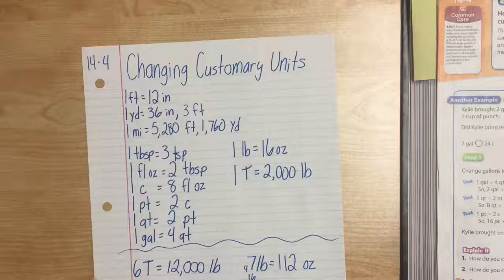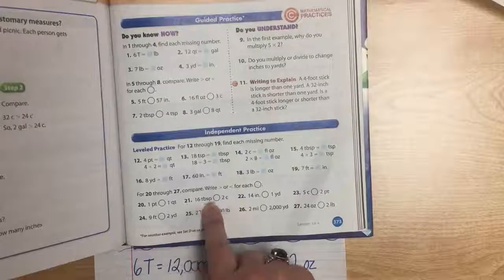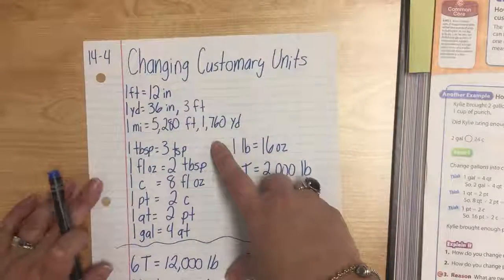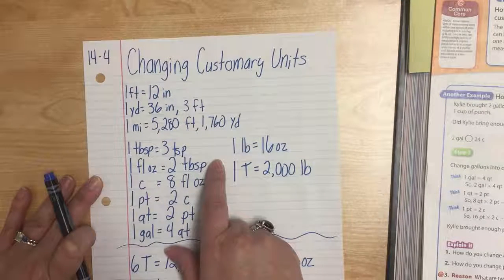Sometimes you'll have to divide, sometimes you'll have to multiply. Sometimes you're going to have to convert both. I want to direct your attention to number 21, where it says 16 tablespoons and 2 cups. If I look on my chart here, tablespoons do not go into cups.